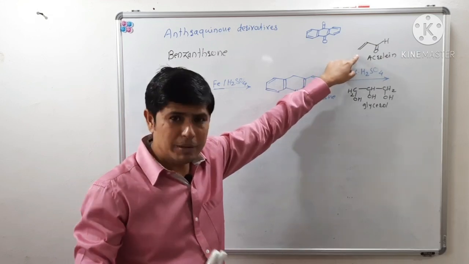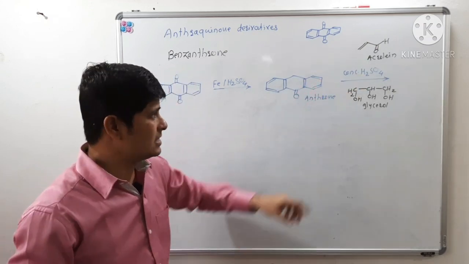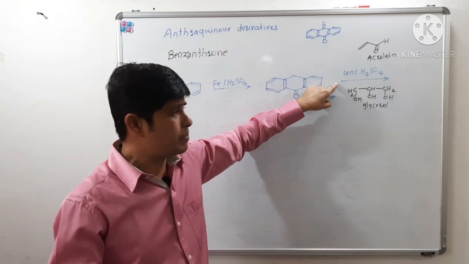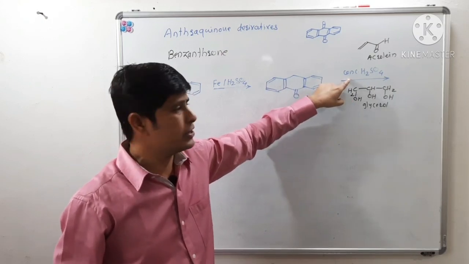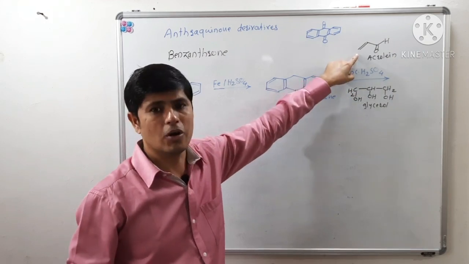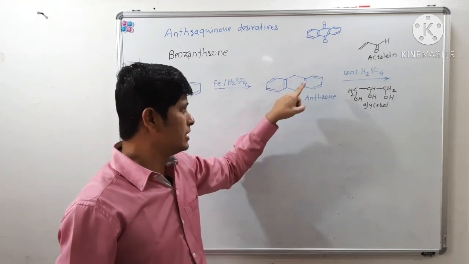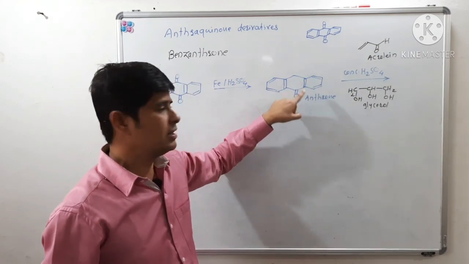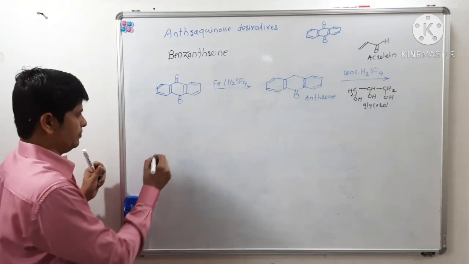It will immediately get polymerized into higher polymer. Hence, during the course of reaction, we react glycerol with concentrated sulfuric acid. Glycerol with concentrated sulfuric acid gives acrolein by loss of water molecules, and that acrolein immediately reacts with anthrone. So what product we will get, that we have to see.